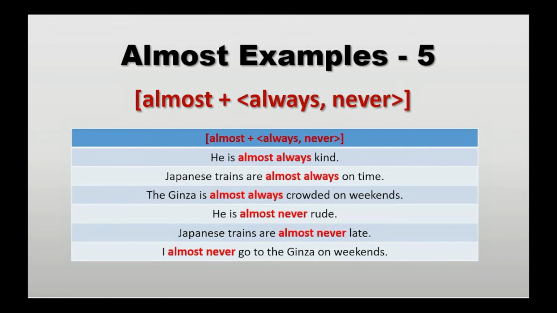So let's try repeating. He is almost always kind. Okay. Number 2, Japanese trains are almost always on time. The Ginza is almost always crowded on weekends.